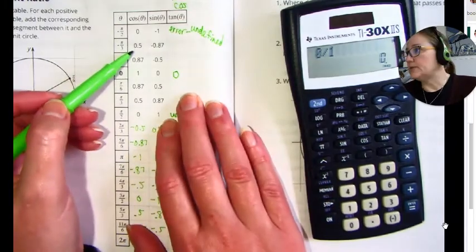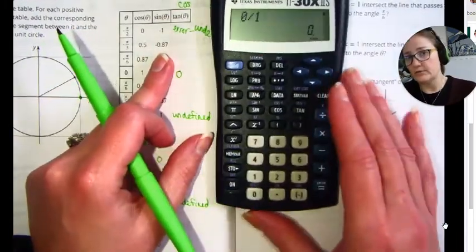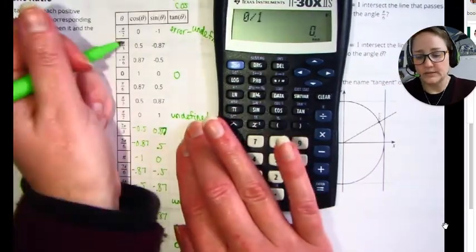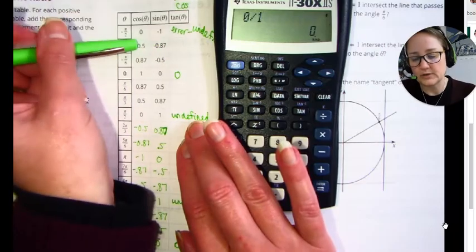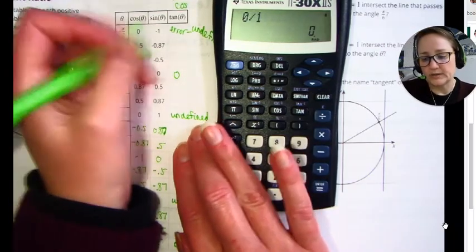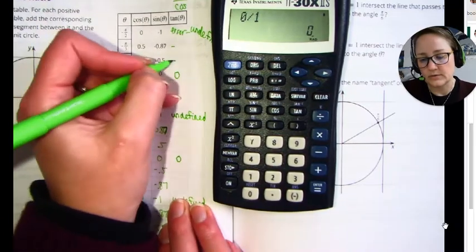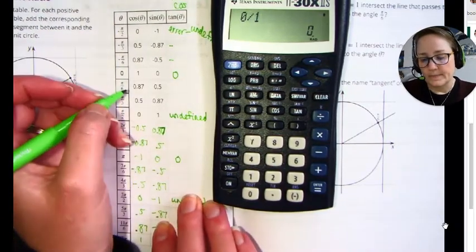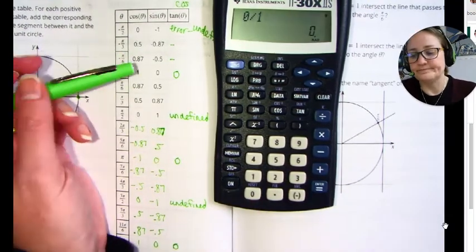So we need some values here where we have 0.5 divided by -0.87. Sine divided by cosine, positive divided by a negative, is going to equal a negative number. So we can even go through and determine which ones are negatives.